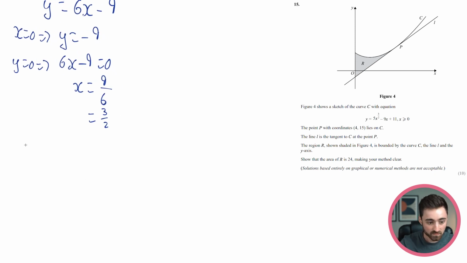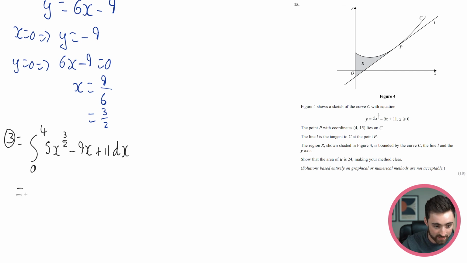Right. So the area 3 is going to equal the integral between 0 and 4 of the curve C, which is 5x to the 3 over 2, minus 9x plus 11. Right, let's do it. I'm going to have square brackets because it's a definite integral. Add 1 to the power to get x to the 5 over 2.